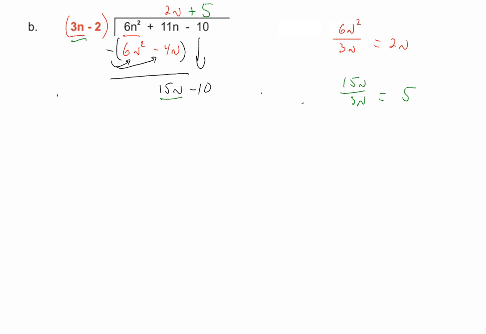Again, we're going to distribute, multiplying it out. 3n times 5 is a 15n. Negative 2 times a positive 5 is a negative 10. And when we subtract, again, we get 0 remainder. Indeed, a 3n minus 2 times a 2n plus 5 does equal 6n squared plus 11n minus 10. No remainder. That's the answer, 2n plus 5, long division.